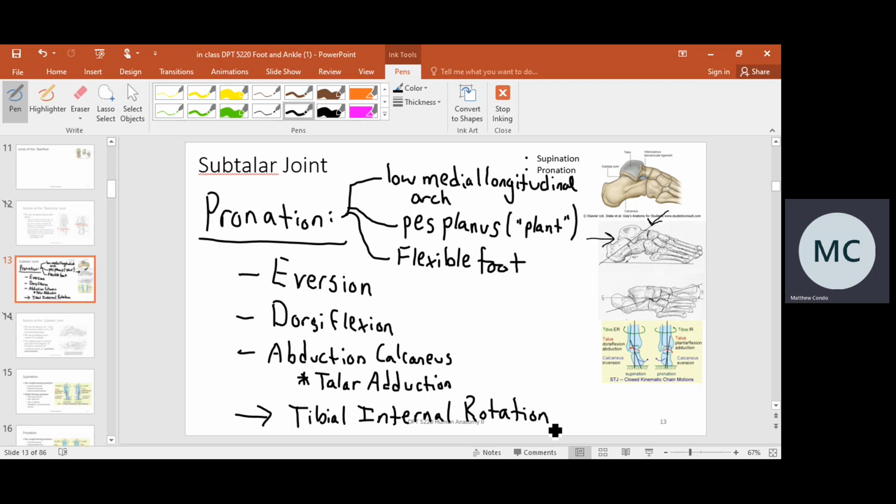Can anybody feel their tibia internally rotate when they go over into that pes planus position? It's real subtle. It's only about 5 degrees.